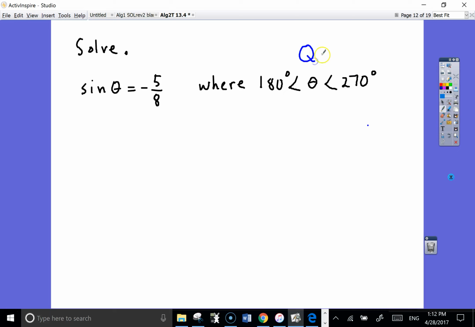Okay. So we need to take the sine inverse of negative 5/8. Theta equals sine minus 1 of negative 5/8. Now, because the domain for theta was given in degrees, we're going to do this in degrees. So you should have a calculator set on degrees.